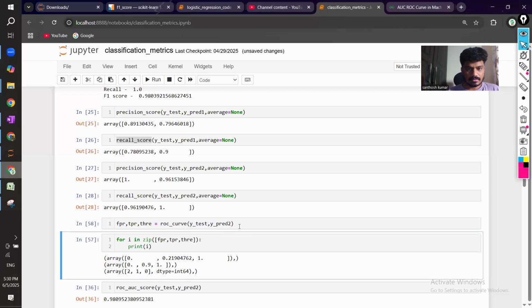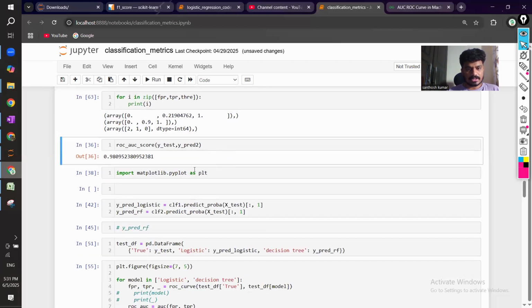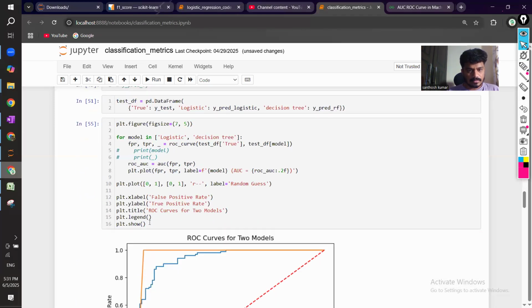This is for the other prediction. For the decision tree, these are the values, and for logistic regression, these are the values. Now if you draw a plot for this, we are doing the same thing.